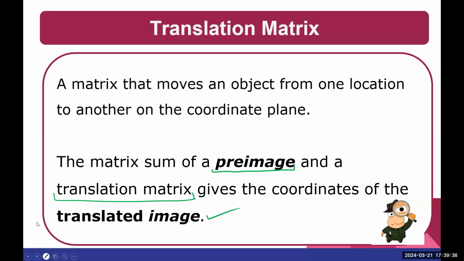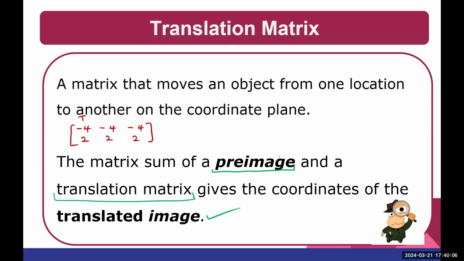Now, let's look at that. So let's say we had -4, 2 as our translation vector, or translation matrix rather. Well, in this case, we would refer to it as, let me just erase this, let me put it as -4, 2, -4, 2.